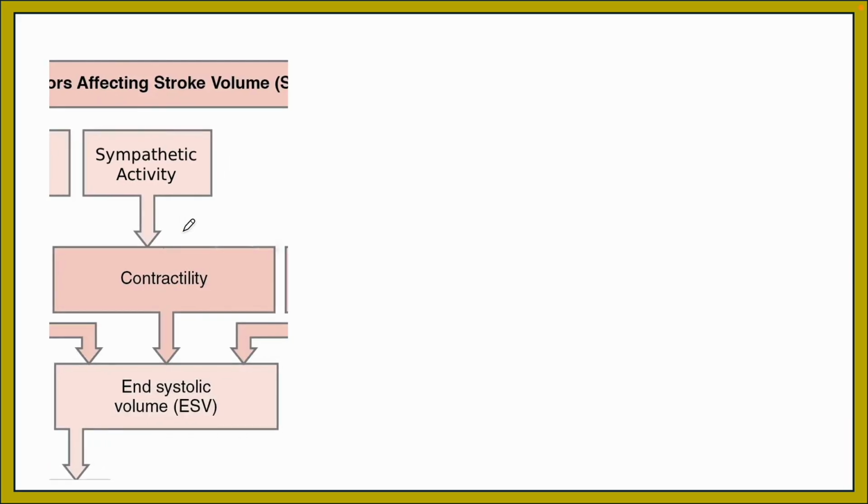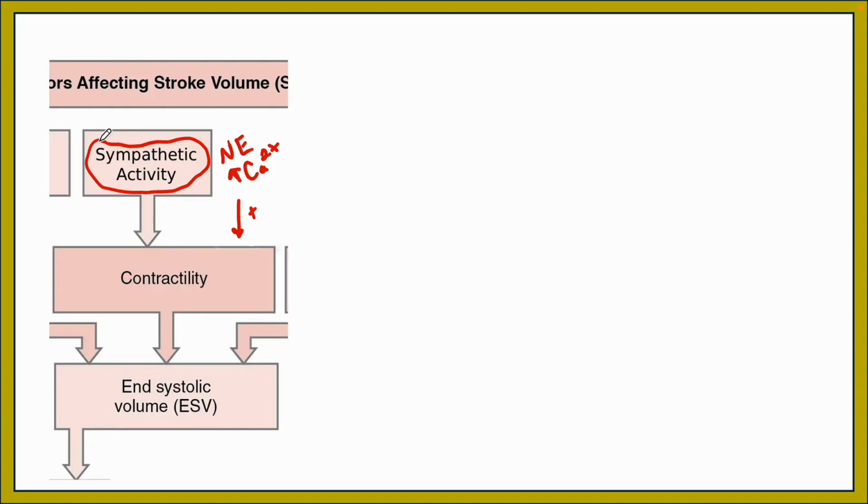All right, sympathetic stimulation is also going to increase contractility. So this is mediated primarily through norepinephrine. So norepinephrine is going to increase calcium influx, which will lead to stronger contractions. So this is going to ultimately decrease the ESV, the end systolic volume, meaning that the heart is going to empty more completely. Now, we're only focusing on sympathetic activity here.